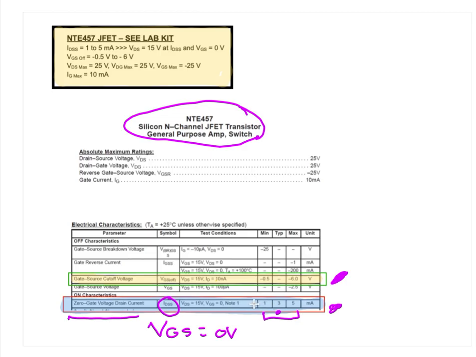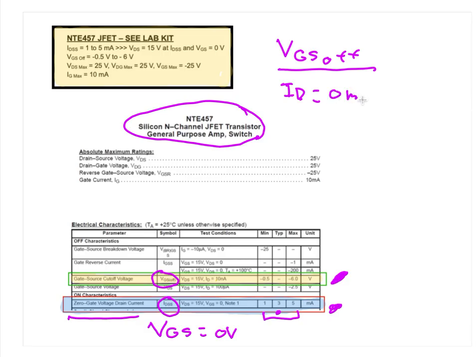Okay, the gate to source cutoff voltage, that's VGS off. That is the gate to source voltage that will make the drain current equal to 0. So basically VGS off sets the drain current equal to 0.